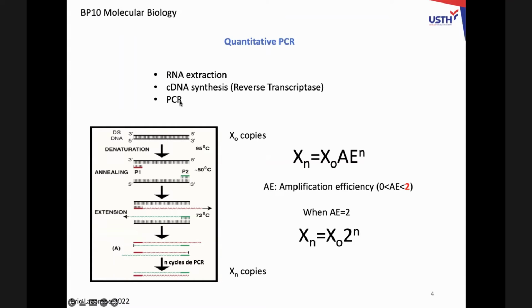So if we know from how many copies we start, we will know how many copies will end. Therefore we can quantify the initial quantity of cDNA, and so have an idea of the quantity of RNA at the beginning of the experiment.